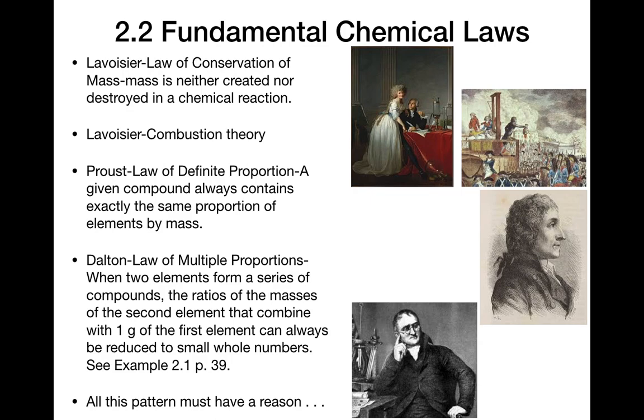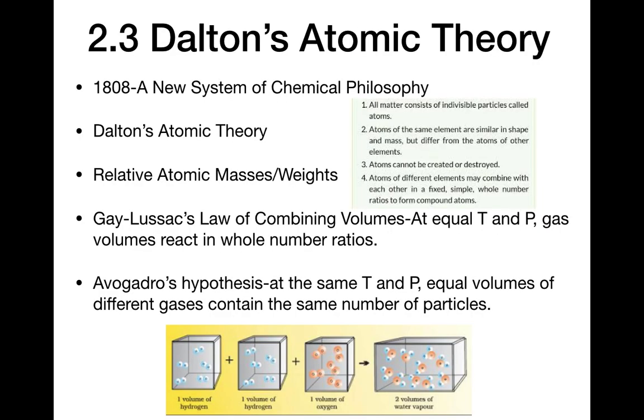So we have these laws. Now, what is it that explains the laws? We need a theory, and that's where John Dalton stated in 1808, in his New System of Chemical Philosophy, Dalton's atomic theory: that all matter consists of individual particles called atoms, that atoms of the same element are similar in shape and mass but different from the atoms of other elements, that atoms cannot be created or destroyed, and that atoms of different elements may combine with each other in fixed, simple whole number ratios to form compounds.